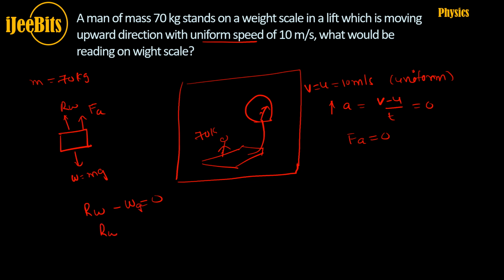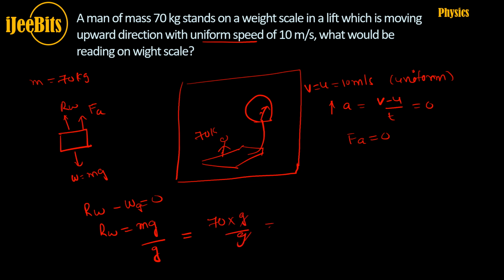So Rw, the reading on the weight scale, is equal to your m into g, but the reading scale is normally normalized to g, and hence you will actually get the mass of your body. So 70 multiplied by g divided by g.